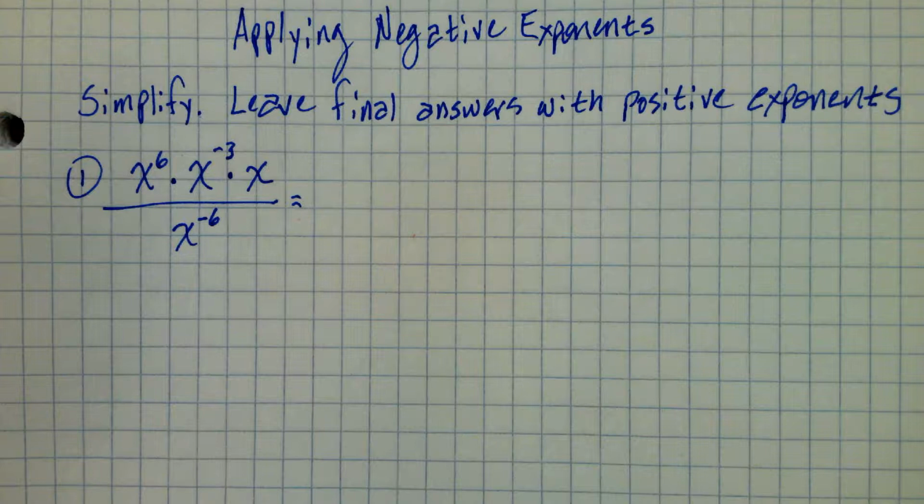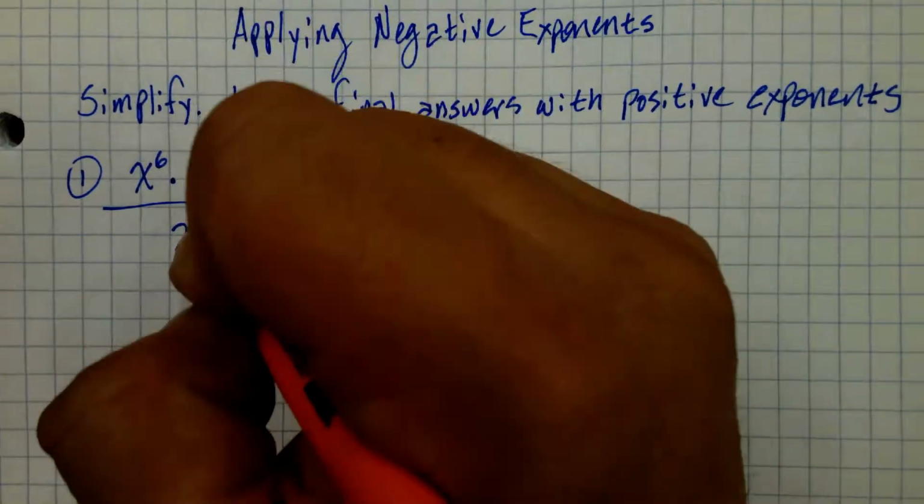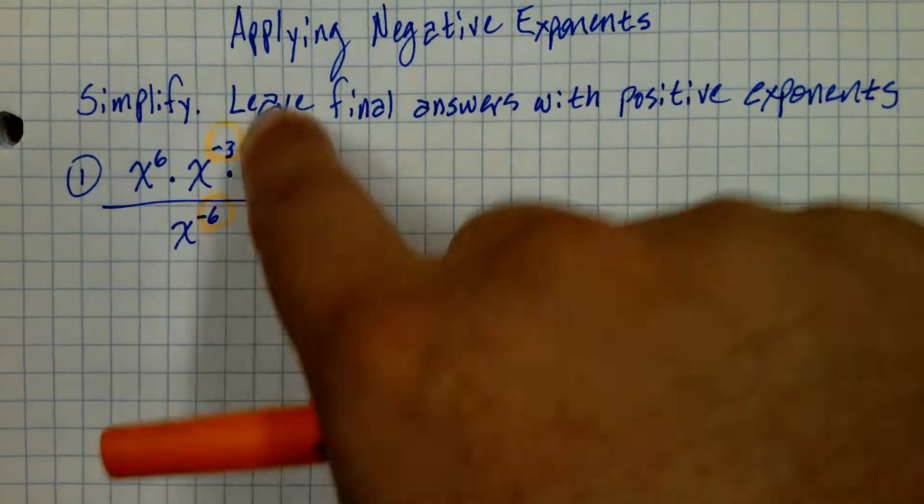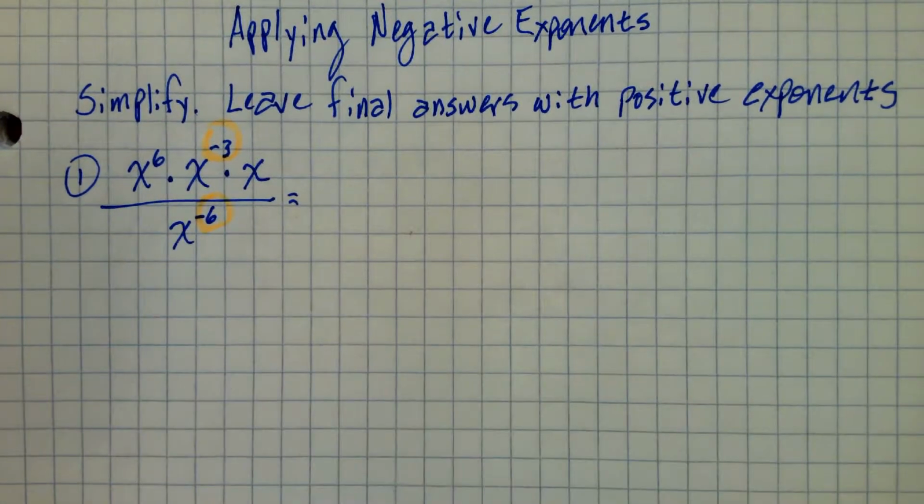So what do we know about if something has a negative exponent? Like these two. What have we learned about those? We could put a 1 over them. So it would look kind of funny though, if I had 1 over x to the third here and then 1 over x to the third there.